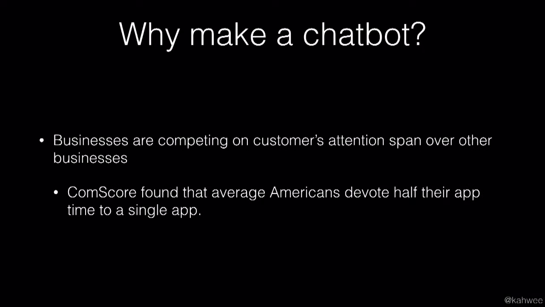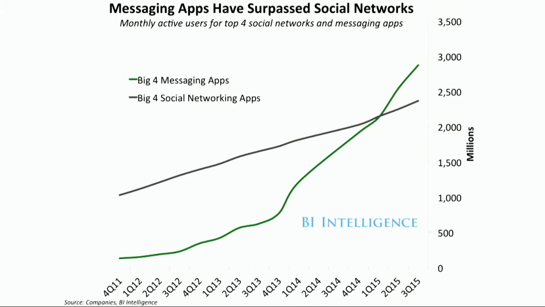Today, businesses are competing on customer attention span over other businesses. ComScore found out that the average American devotes half their app time to a single app. In a separate study by Business Intelligence, messaging apps are surpassing social networks in terms of active users.